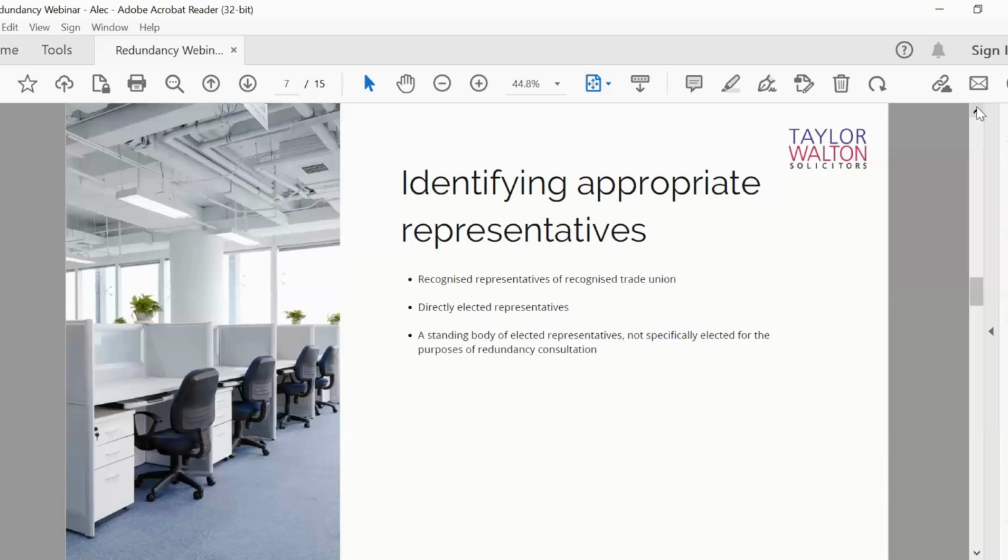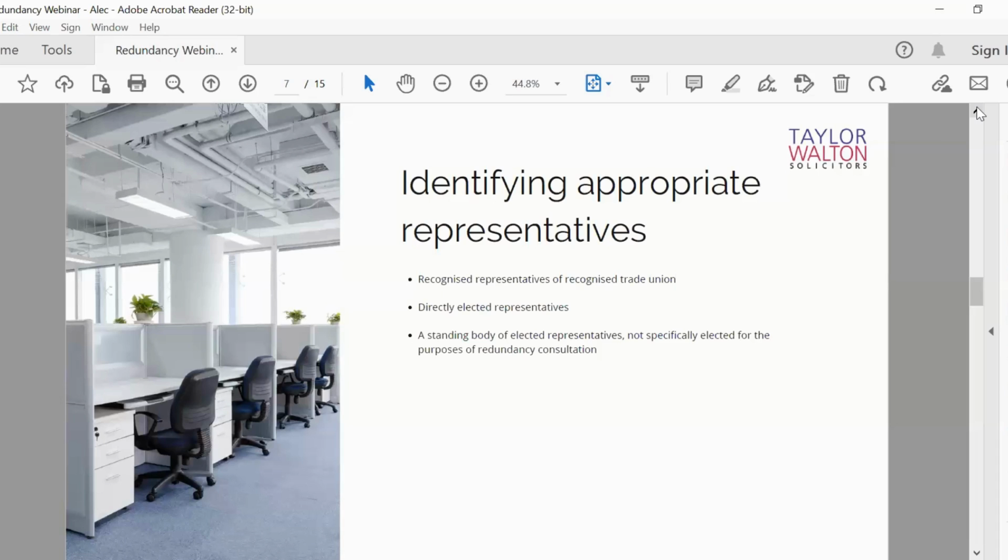The law requires that the representatives are representative of the staff affected by the redundancy proposals. So it's important that your representatives can be seen to be drawn from a pool of staff who are affected by the proposals. If there are, say, 30 staff at risk of redundancy, you would need to make sure there is a cross-section of representatives for those staff.